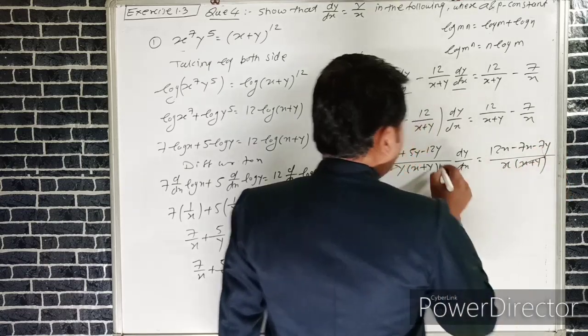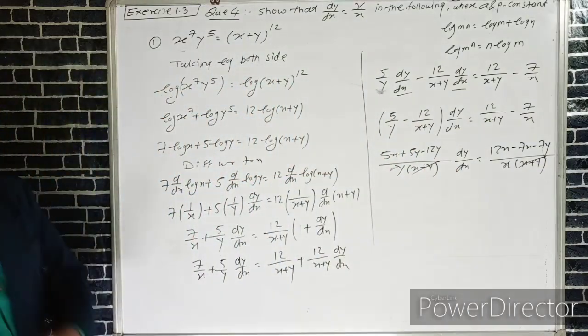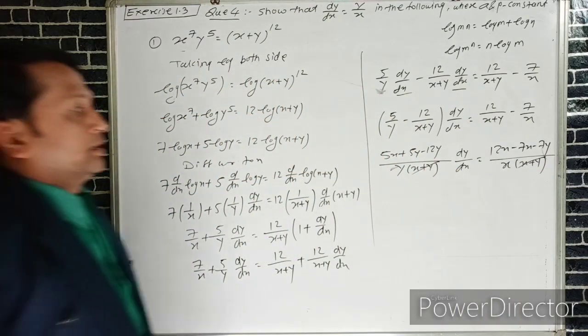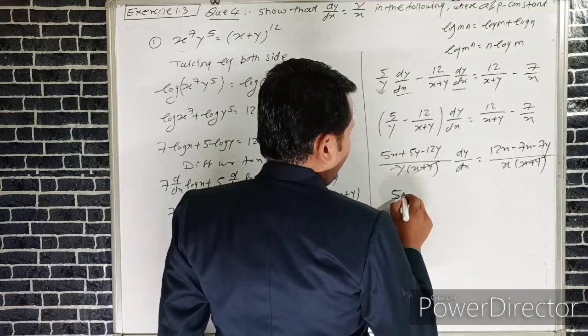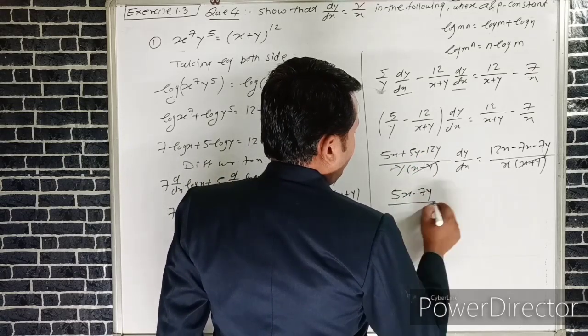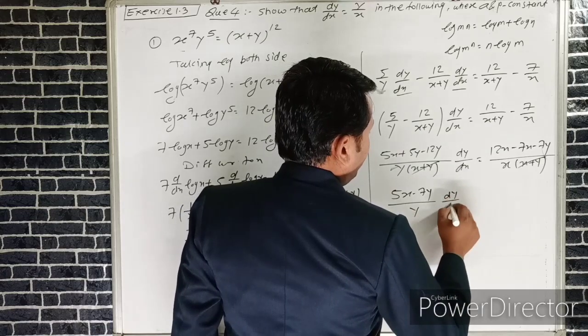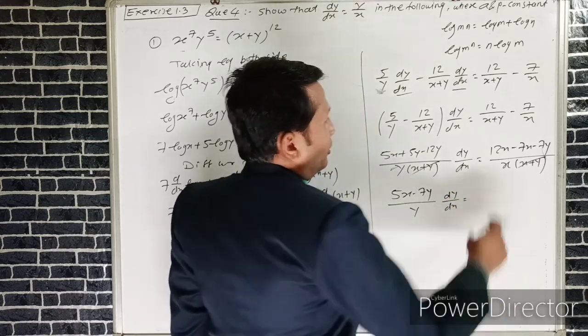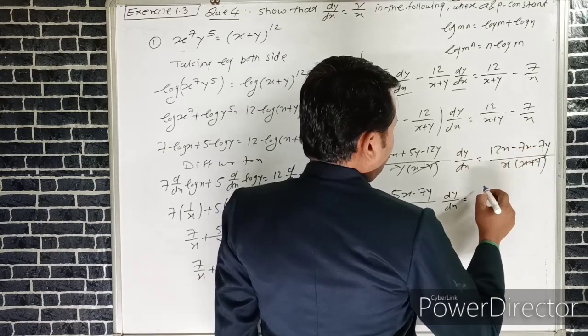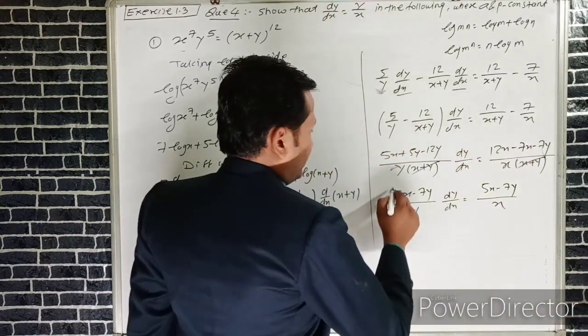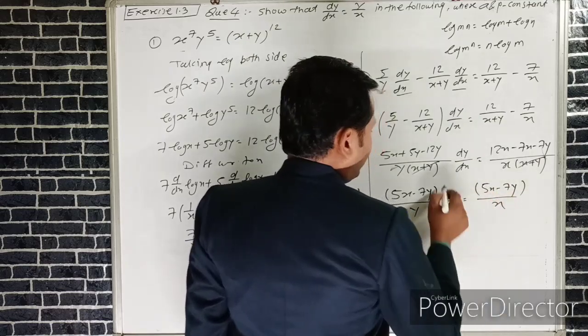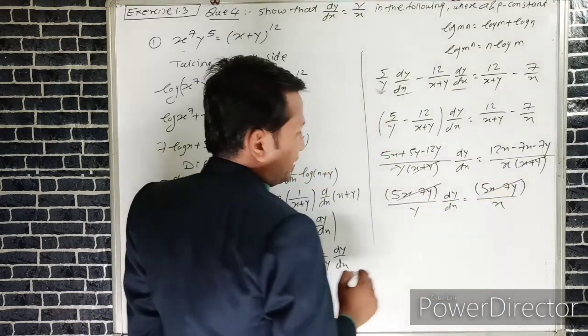The x plus y common bracket on both sides we can cancel here. We know that 5x plus 5y minus 12y minus 7y upon y into dy upon dx is equal to 12x minus 7x, which is 5x minus 7y upon x. Here this 5x minus 7y common bracket gets cancelled.